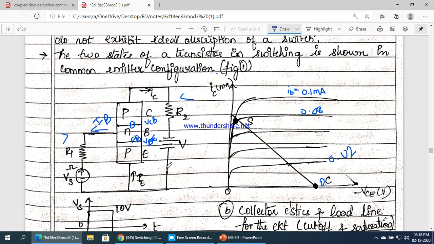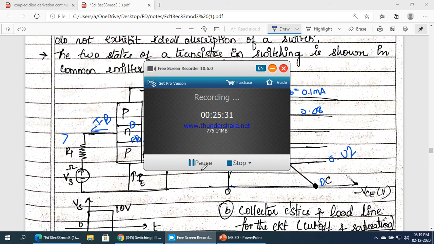So if, for example, 40 volts is applied across this device, the entire voltage will come across this resistor. All the drop takes place across this resistor. That's why the voltage drop across the device at the time of saturation is very small, at this point. So this is the saturation point, no? At this point the voltage drop is very small, almost 0, and the current is very large. So in this mode the BJT operates as an on switch.